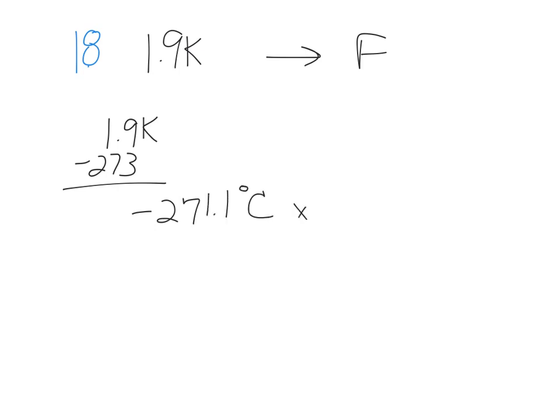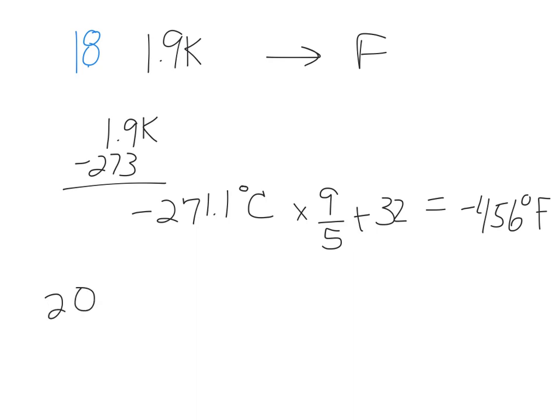And then we're going to multiply it by 9 over 5 and add 32. If you do that, you're going to get negative 456 degrees Fahrenheit. And likewise 20, if it's 9 degrees Celsius, converting to Fahrenheit, you should get 48.2 degrees Fahrenheit.